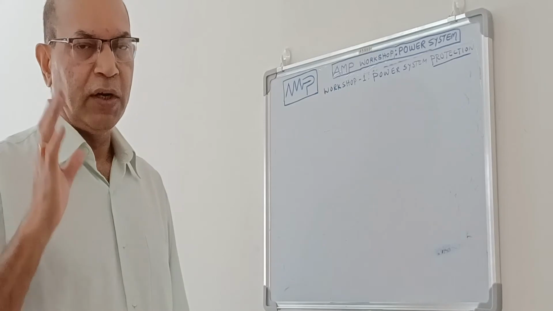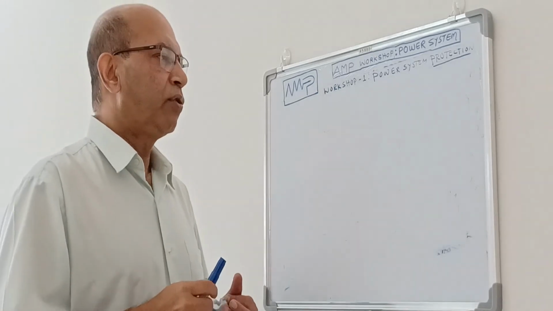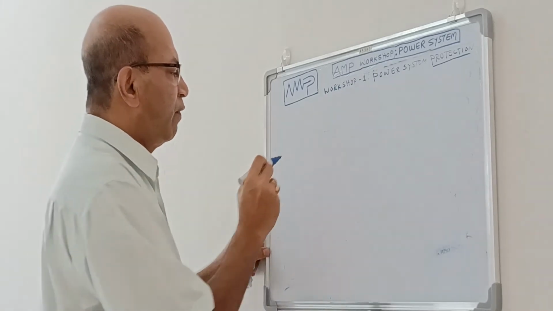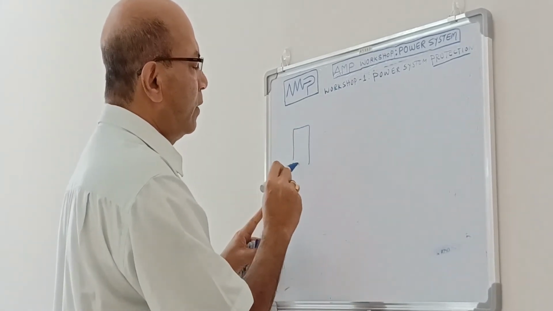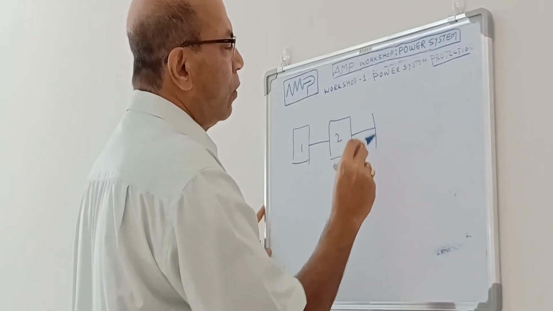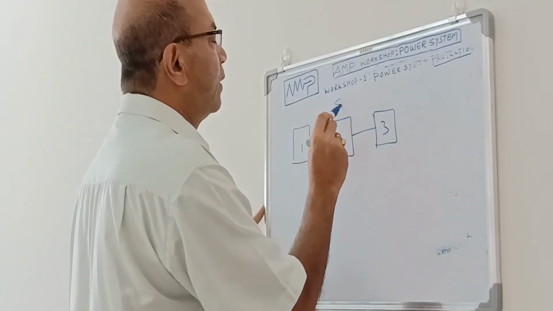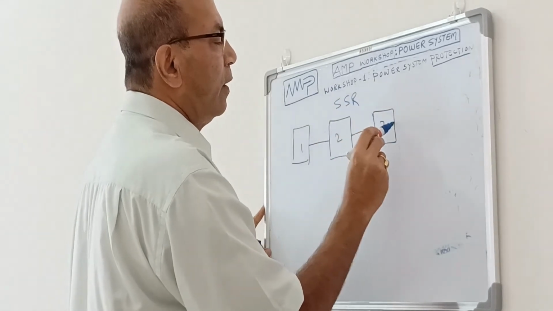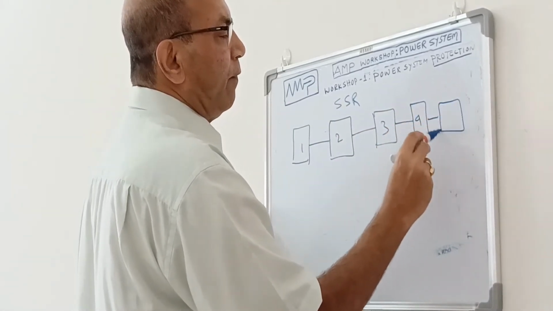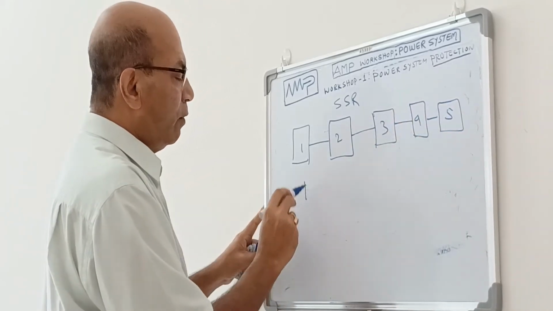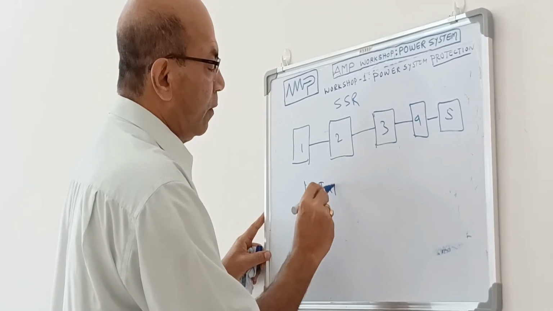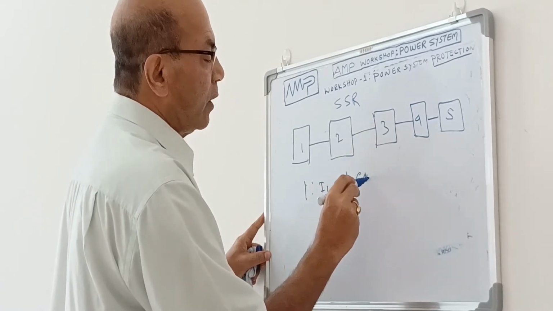Now, if we see the solid state relay architecture, it generally has five different components, which I can draw here symbolically. Component 1, component 2, component 3, component 4 and component 5 together make the solid state relay, SSR. Component 1 is the input circuit.